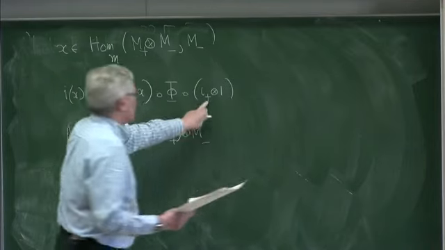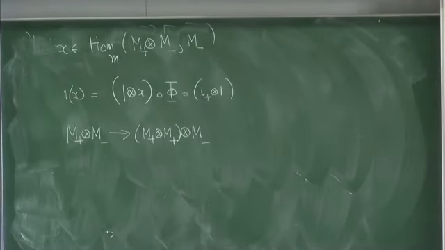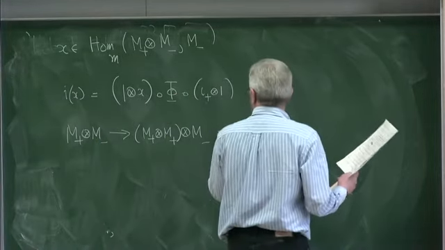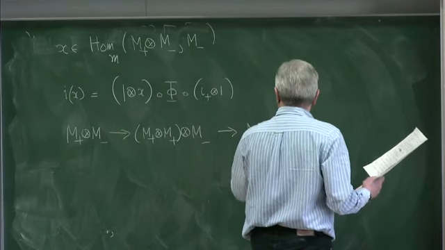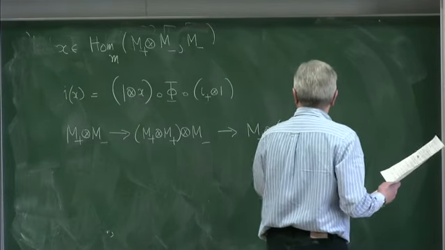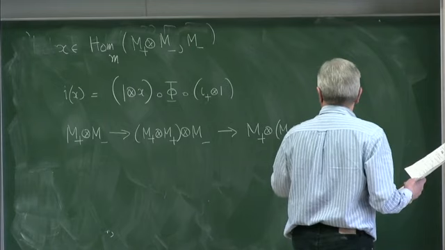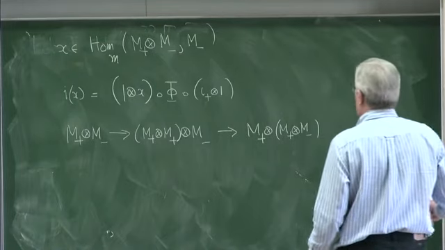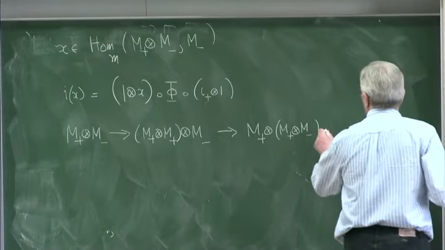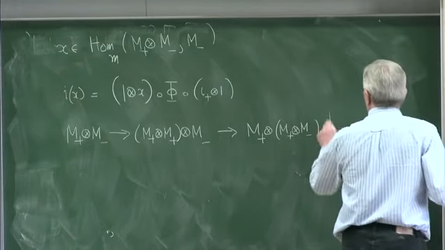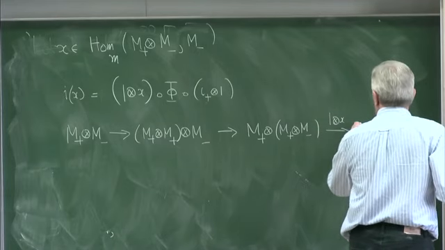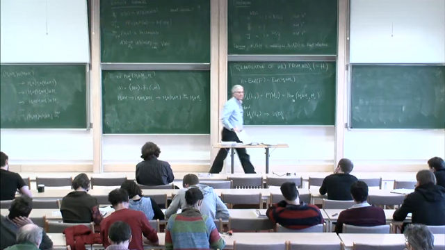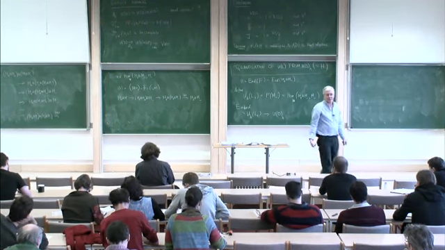Remember, that's what this I plus does. It goes from M plus into M plus tensor M plus. Now I've got to reassociate, so there's where the associator comes in. And to this, I can apply x to get me to M plus tensor M minus. Again, it's another one of these silly things you write down.